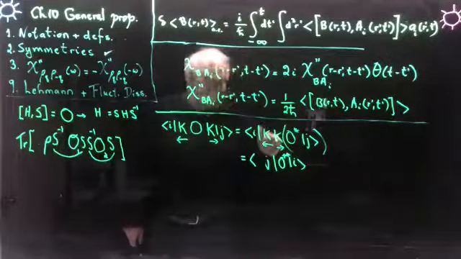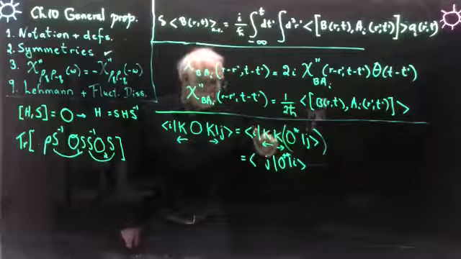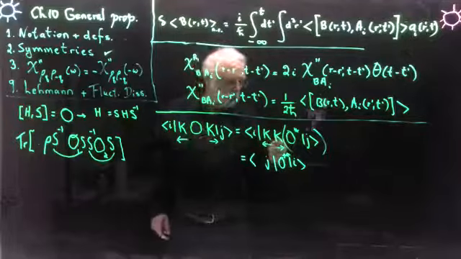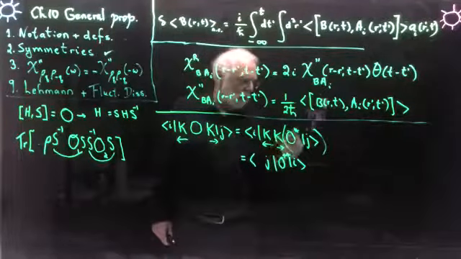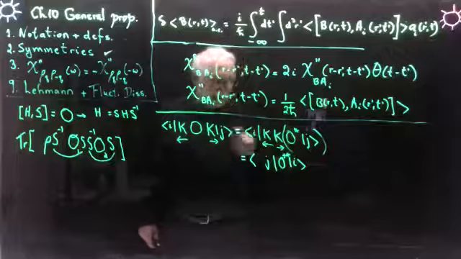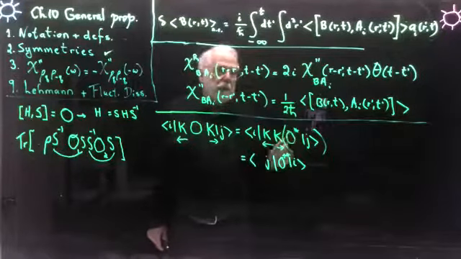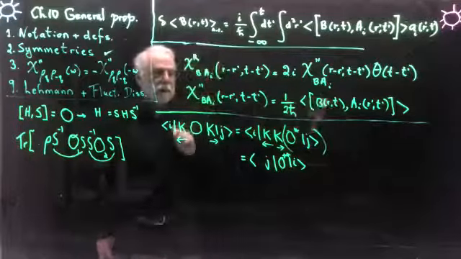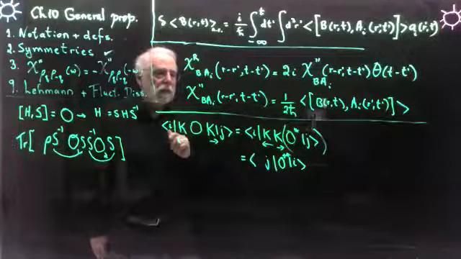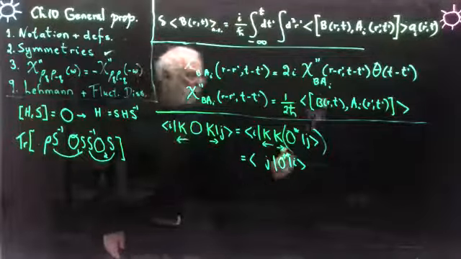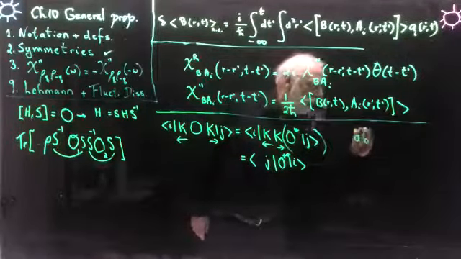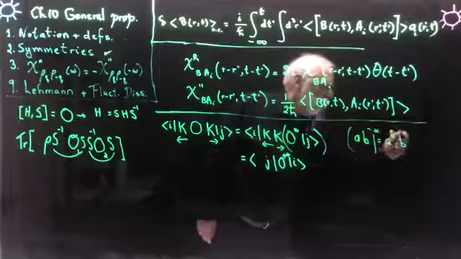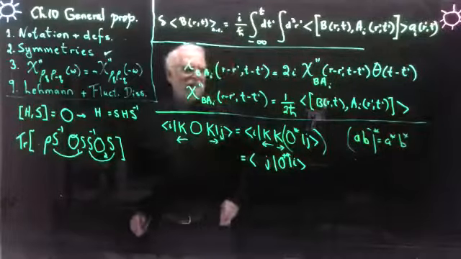What I have done here is trivial. I just commuted the complex conjugation with O, and to have this as an equality, this needs to be complex conjugated, because the complex conjugate of a product is the product of the complex conjugates. If I have AB star, this is equal to A star B star.